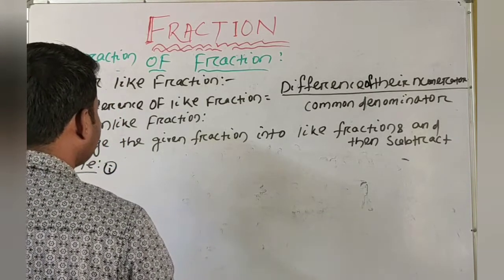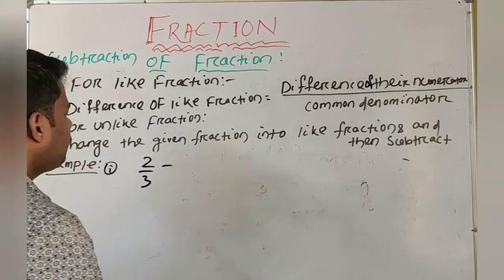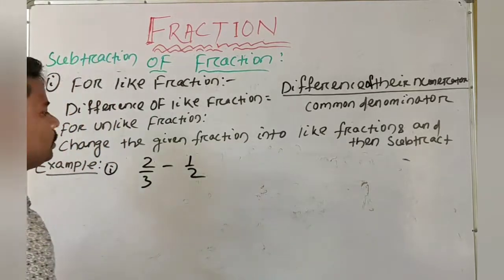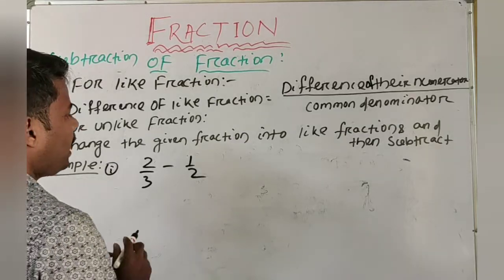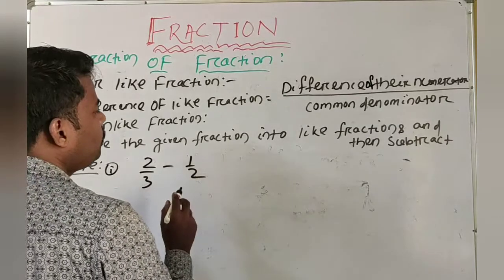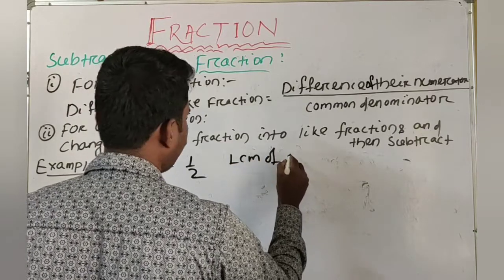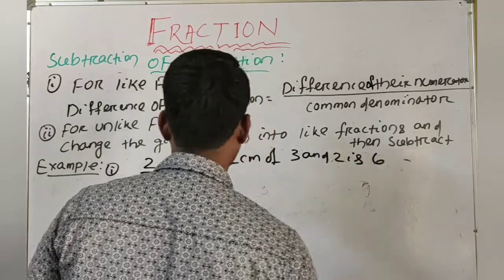Suppose 2 by 3 is given and 1 by 2 is given. So how will we subtract? Both have different denominators. So first we have to convert to the same denominator. So we will take the LCM. LCM of 3 and 2 is 6.